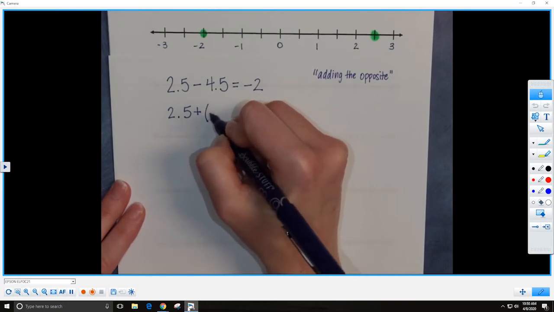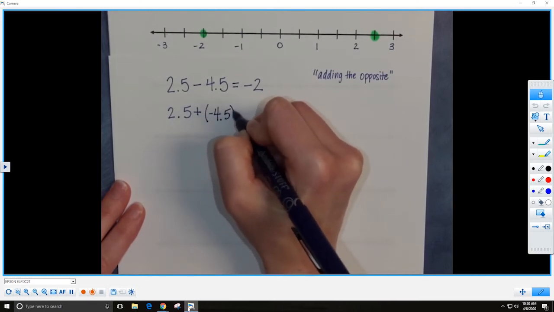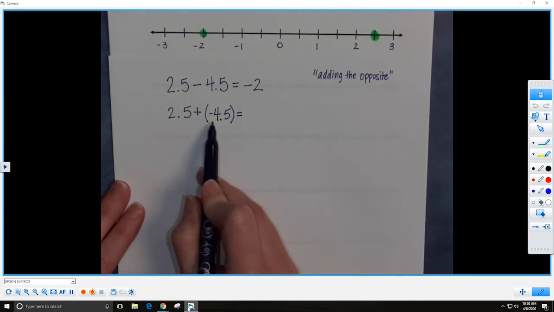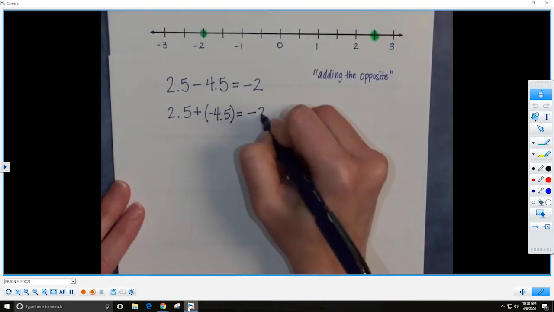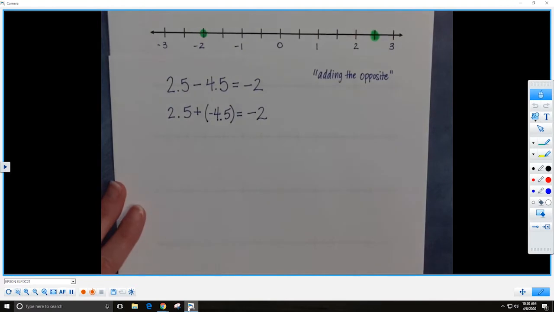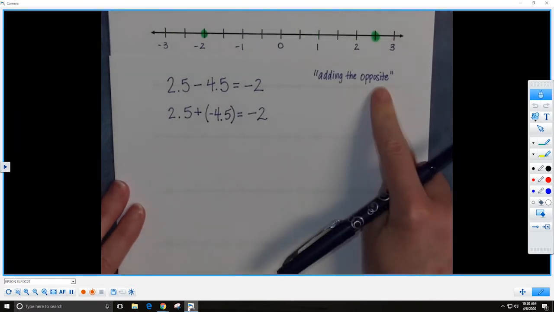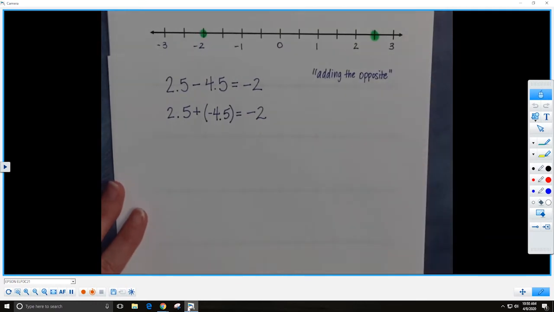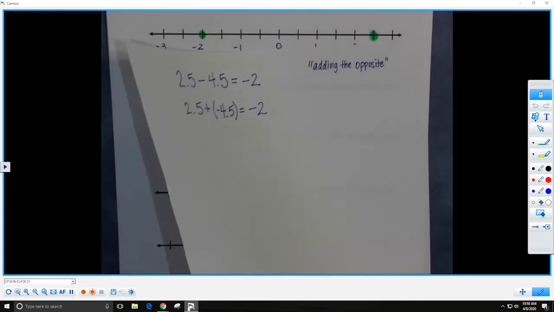So the opposite of that is -4 5/10. And then when we add 2 5/10 plus -4 5/10, we still come up with -2. So there's a review of our strategy of adding the opposite, and there's a review of how to use the number line. Let's practice the strategies that we have learned to add and subtract positive and negative numbers.